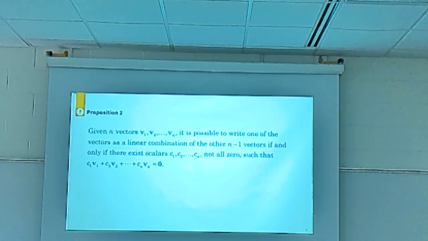Given n vectors, v1 to vn, it is possible to write one of the vectors as a linear combination of the other n-1 vectors if and only if there exist scalars c1 through cn, not all of which are 0, such that c1 v1 plus c2 v2 plus and so on equals the 0 vector.